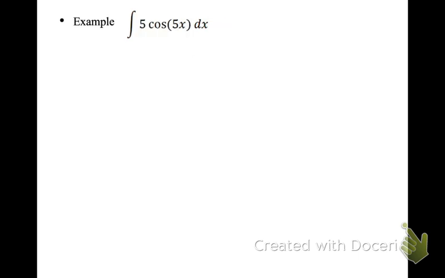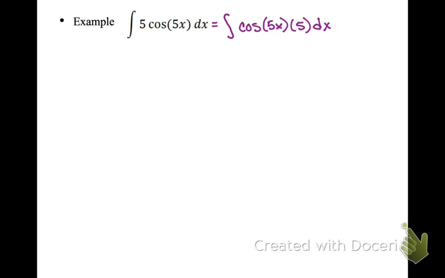So I have the integral of 5 cosine of x dx. When I rewrite this, I'm going to put the integral of the cosine of 5x times 5. Because where did the 5 come from? Of 5x, right?